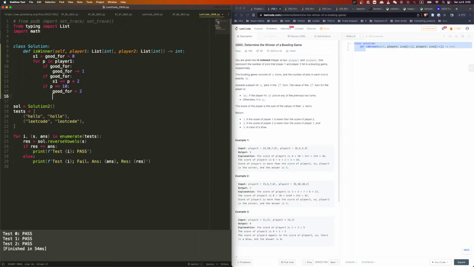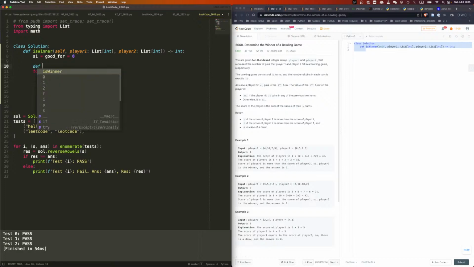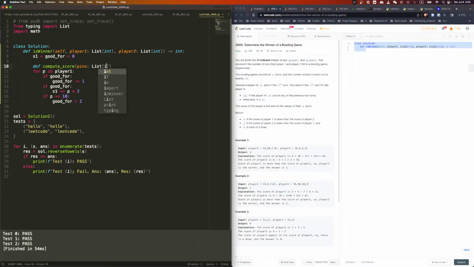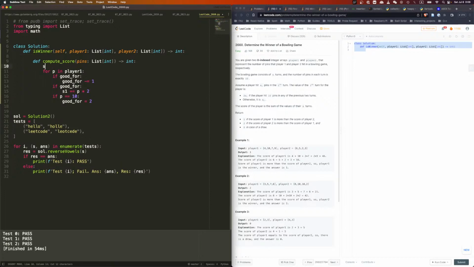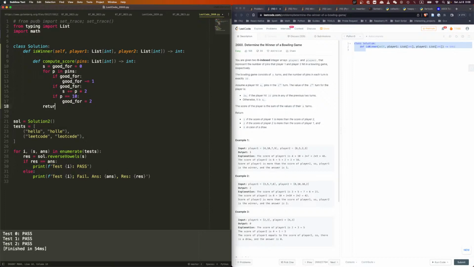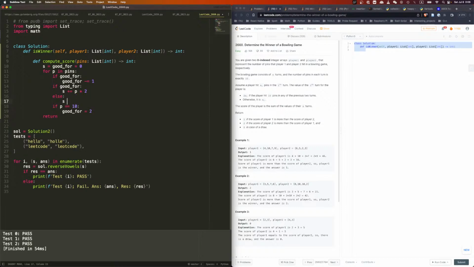Okay. So we're gonna do this for this, and then we're gonna do this. You know what? Def compute score pins, and we'll return int. S equal to zero, for p in pins. And then we'll return s.